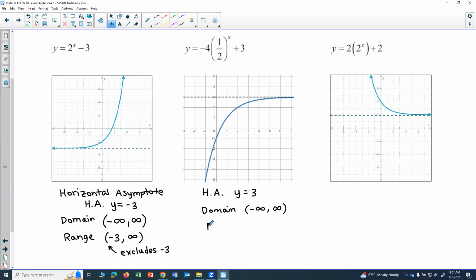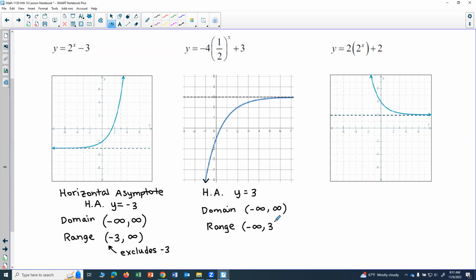And then the range, if I look at the y values, there's no lower bound on the y's. This graph actually goes downward forever. So it would be -infinity. My upper bound is y equals 3. But remember, the graph never actually touches that horizontal asymptote.